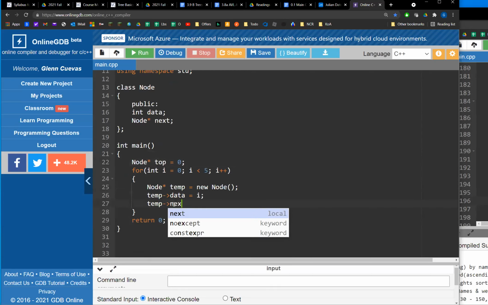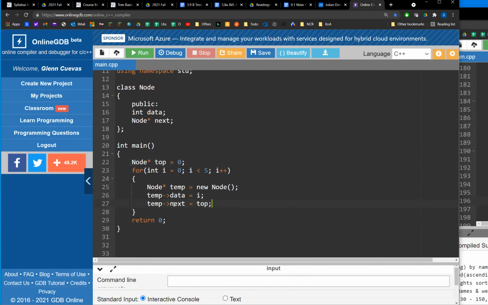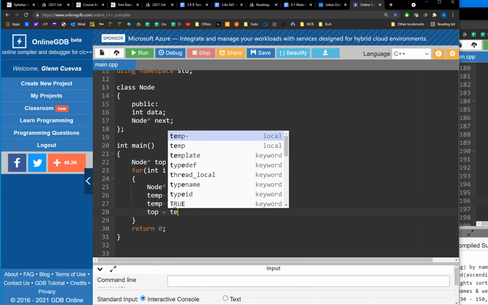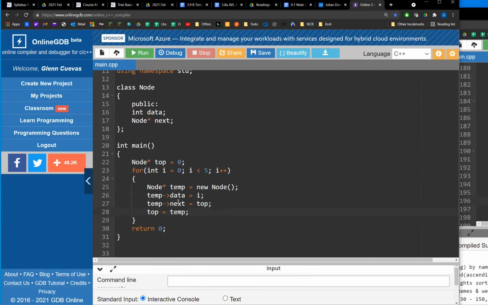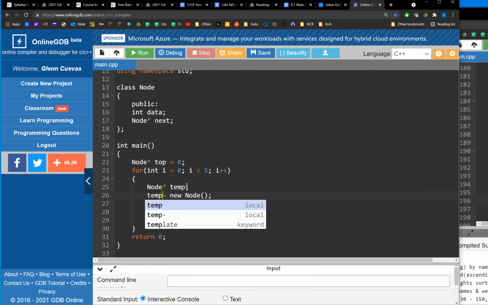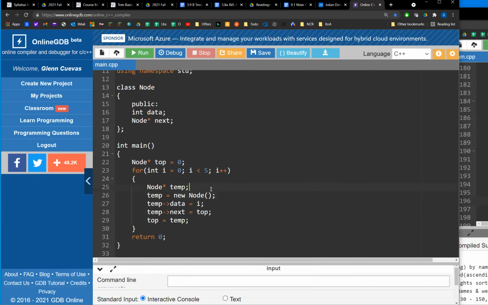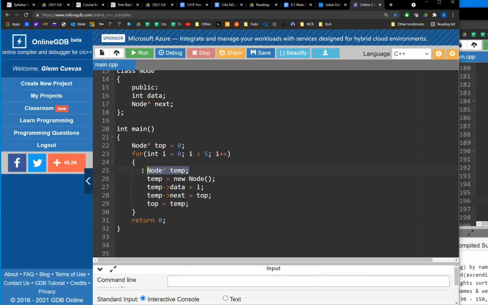Temp equals top and top equals temp. All right, and let's split this up here. Temp equals new node. All right, so temp is just a pointer variable.